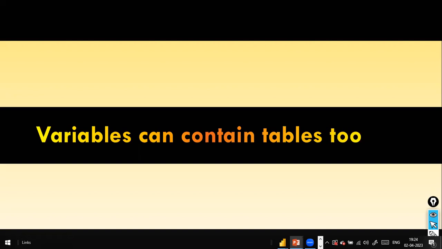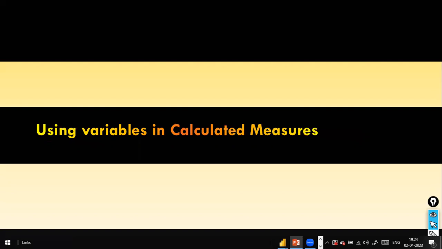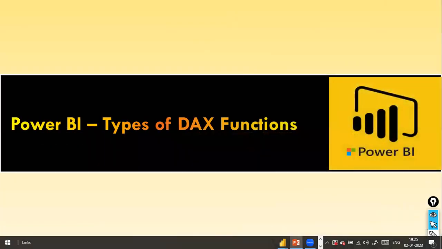Calculated columns we have seen, and the measures, as we move further, I'll show you how we can use it in a measure. Don't worry, because I'm yet to cover SUMX and everything. At that time, if I show you the demo of how to use variables in measures and calculated columns, that will make your understanding simple.